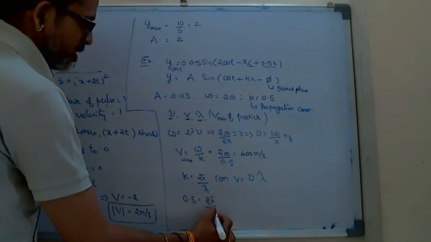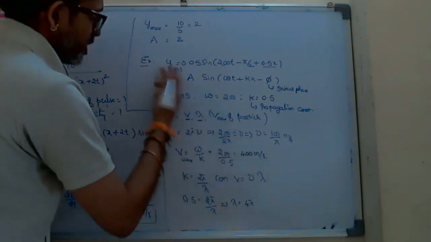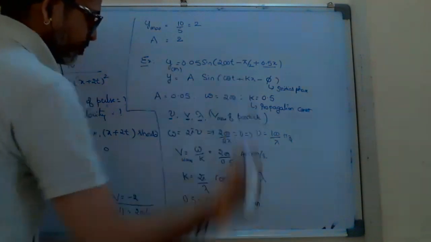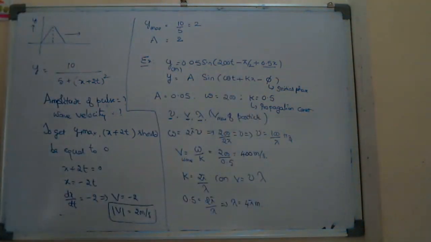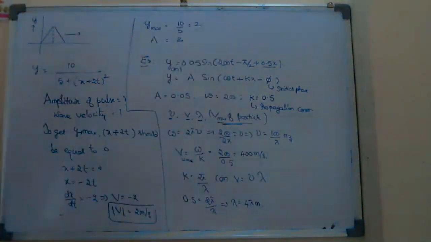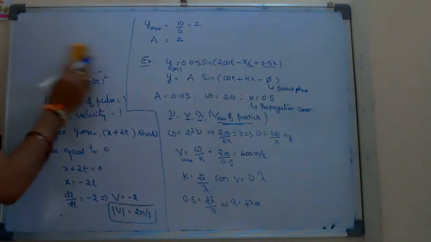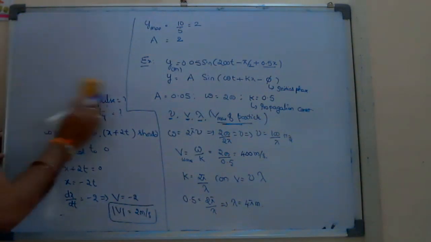Right. 2 pi by lambda equals 0.5, so lambda is 4 pi. You will get 4 pi in SI units, meters. Okay, so lambda is also over. But here keep in mind, what is the maximum velocity of the particle? Maximum velocity of the particle here. This part is over.